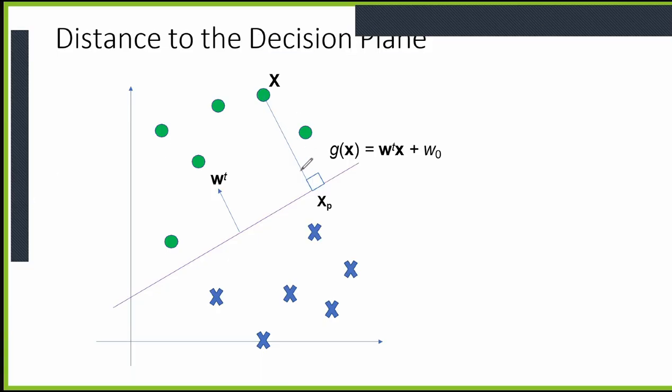Okay, so the distance would be basically the shortest distance, the perpendicular distance, and the direction that determines that perpendicular distance would be the normal vector, which is the weight vector here.